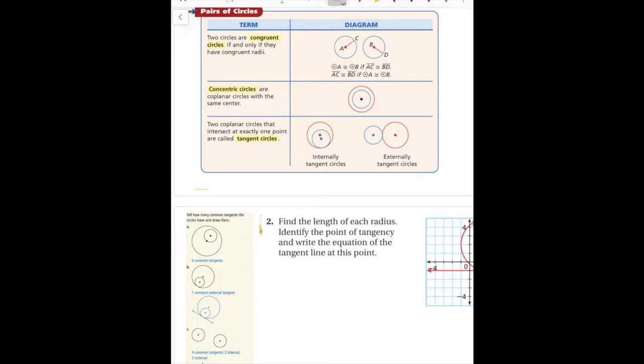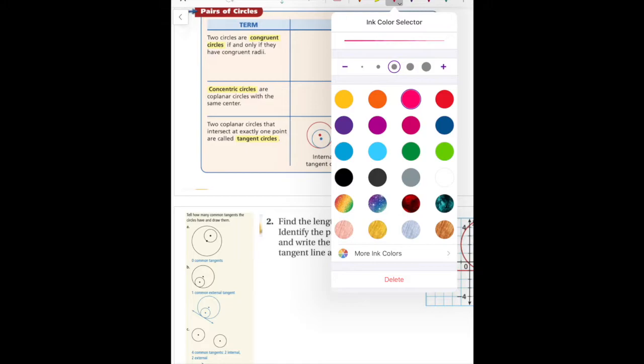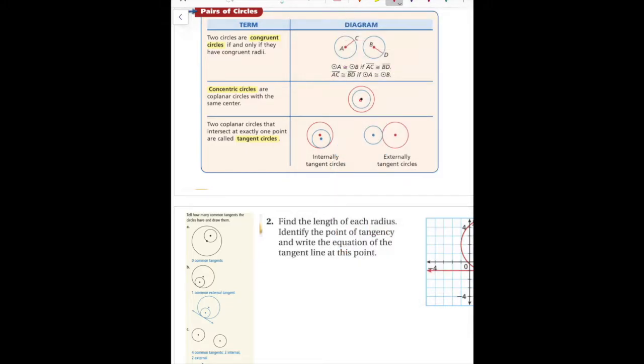Now let's move on to the next one. Concentric circles are coplanar circles. They should lie on the same plane with the same center. So if you draw a circle with a radius 2 and with the same center, you draw another circle with radius 4, they are concentric circles.